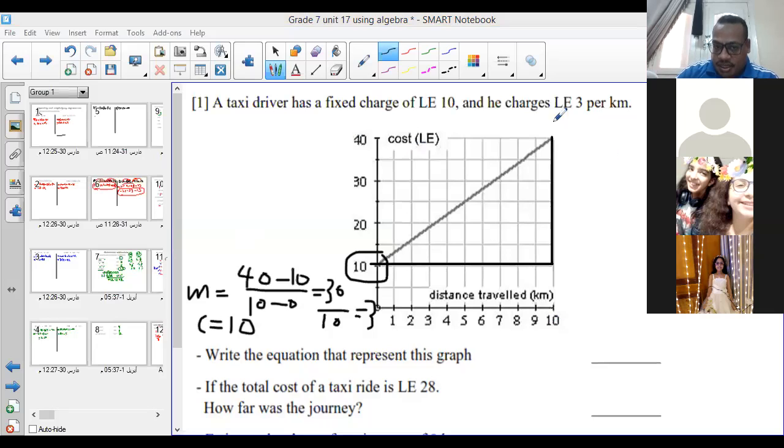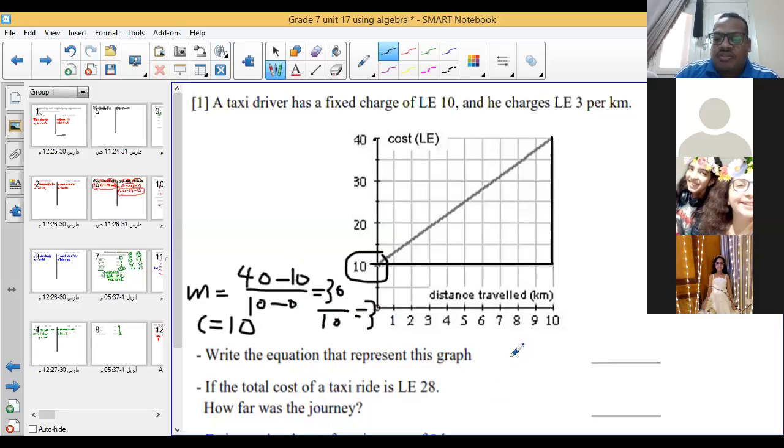The intercept from the y-axis is 10. For m, I can make a right angle triangle and subtract: 40 minus 10 for y over 10 minus 0 for x. 40 minus 10 equals 30, 10 minus 0 is 10, 30 divided by 10 equals 3.